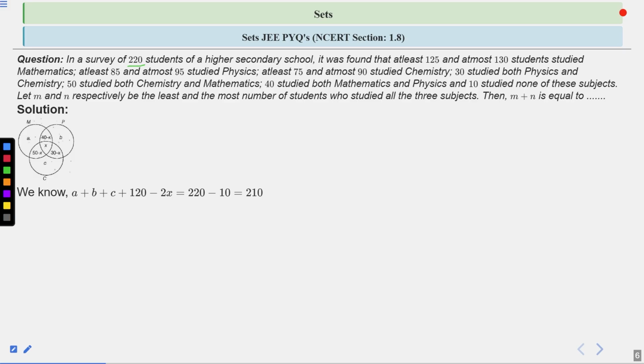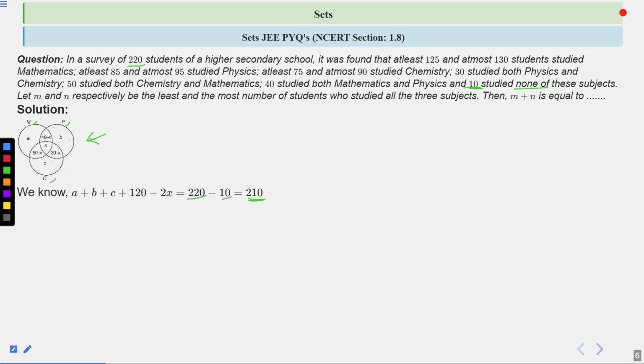Now, if you add all the students who have studied math, physics, chemistry, the total must be 210. Why am I saying 210? Because the sum of all students who have studied math, physics, chemistry must be 210, because 10 of these students studied none of these subjects. So you have to eliminate 10 students from the 220.